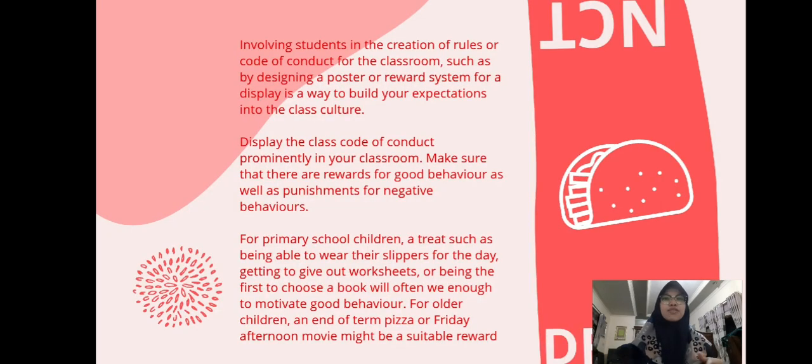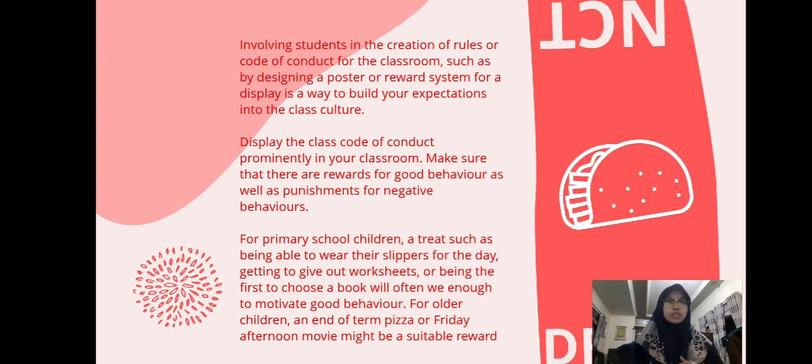So, the second is make sure punishment and reward are clear. It means involving students in the creation of rules or a code of conduct for the classroom, such as by designing a poster or reward system for a display, is a way to build your expectations into the class culture. Display the class code of conduct prominently in your classroom. Make sure that there are rewards for good behavior as well as punishment for negative behavior.